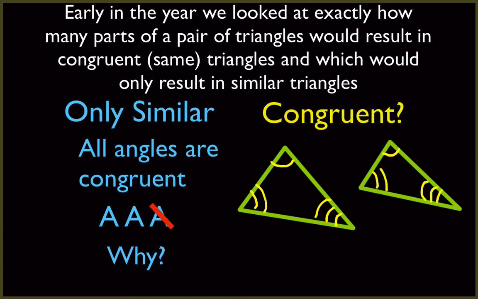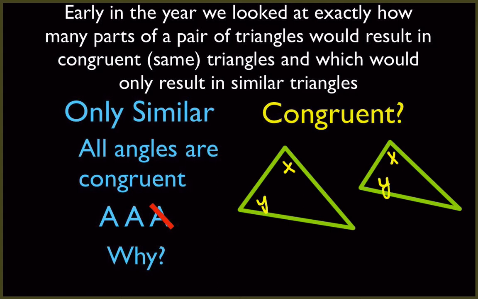My contention is that we don't actually need that. And the reason for that is all triangles have an angle sum of 180 degrees. So we can look at it as, well, it doesn't really matter because that third angle has to be the same as well. So for example, let's say instead I said that this was x and this was x and this is y and this is y and they're equal.